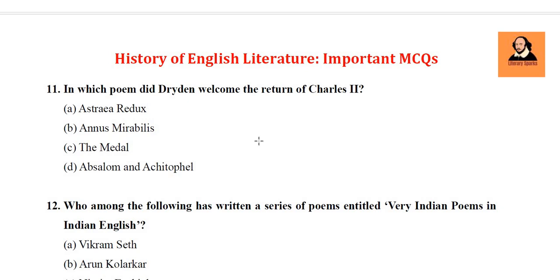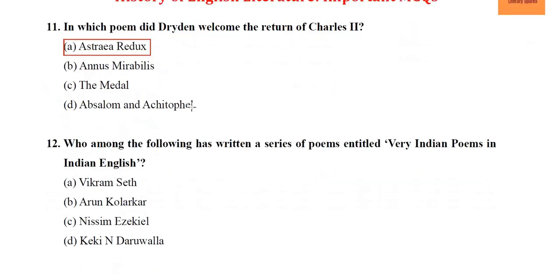So when there is the Restoration in 1660, his son Charles II returned from France, and to celebrate that, one of the famous poets of that period, John Dryden, wrote a poem. What's the name of that poem? Astrea Redux, Annus Mirabilis, The Medal, Absalom and Achitophel. Its answer is Astrea Redux, which means justice returns.